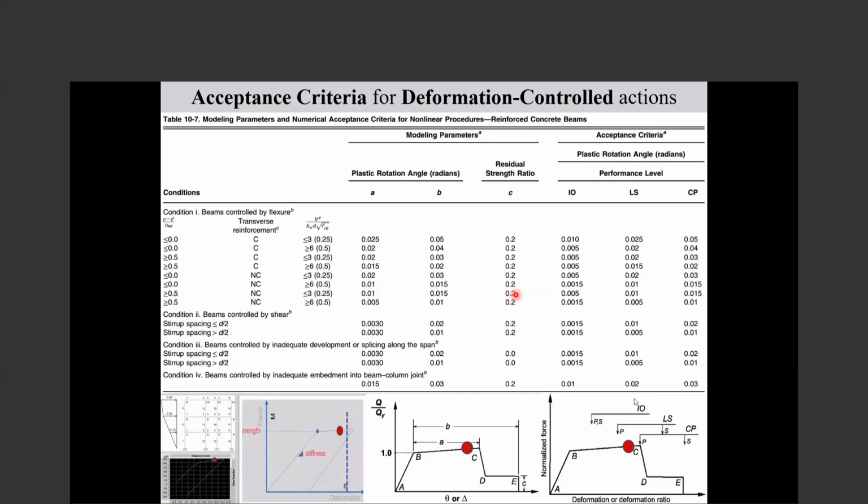So there are methodologies that you can apply to extend pushover analysis to the cases where ordinary pushover is not applicable.